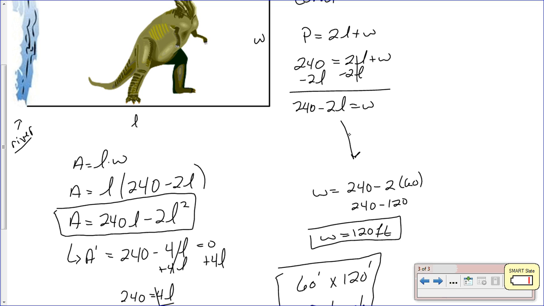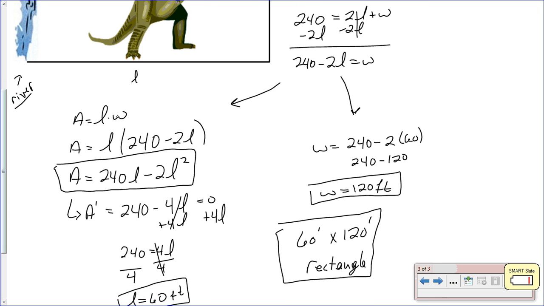So after we did that, we came over here, and area is length times width, where we plugged our equation, now that we solved for W, into our area equation. Area equals length times width. So area equals L times 240 minus 2L. Distribute it through, so our new area equation is 240L minus 2L squared.